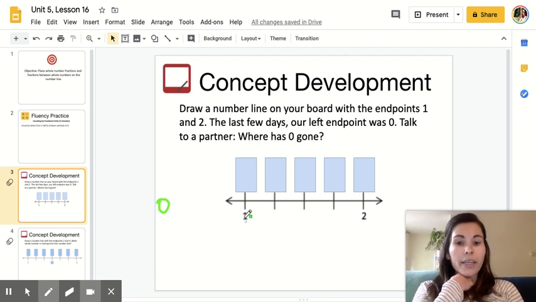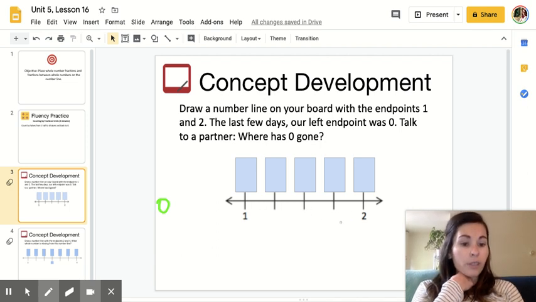Now we're going to try and label the parts on this number line. We're going to start by counting so we know our unit fraction. I see, so we have 0, 1, 2, 3, 4. This line is divided into 4 parts.